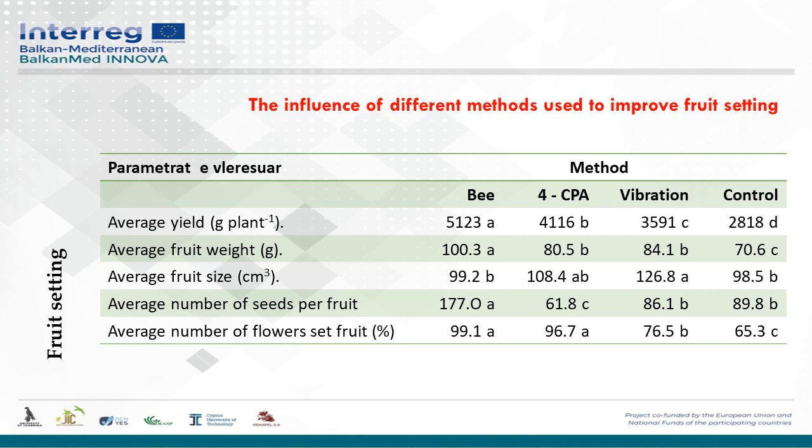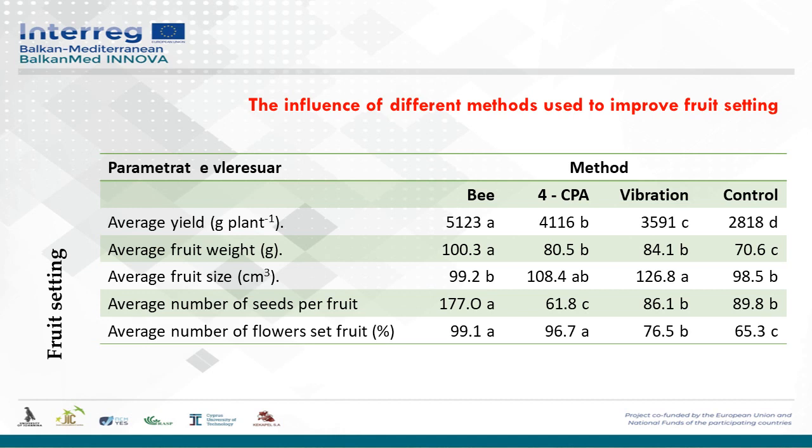The situation becomes better through the use of vibration, and the number of flowers setting fruit is increased to 76%. But by the use of artificial hormones, it's much higher, 96%, 97%, and even higher by the use of the bumblebee. Almost 100% of the flowers have set fruits.